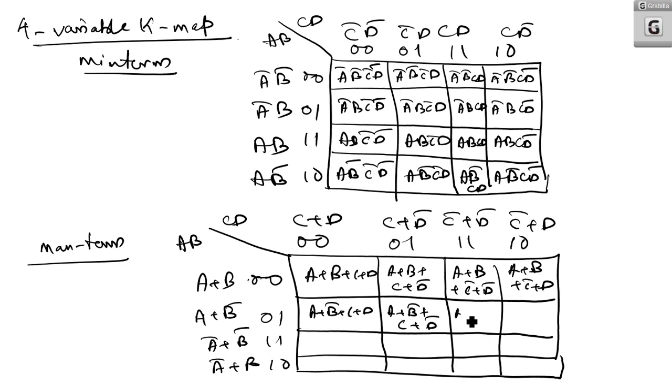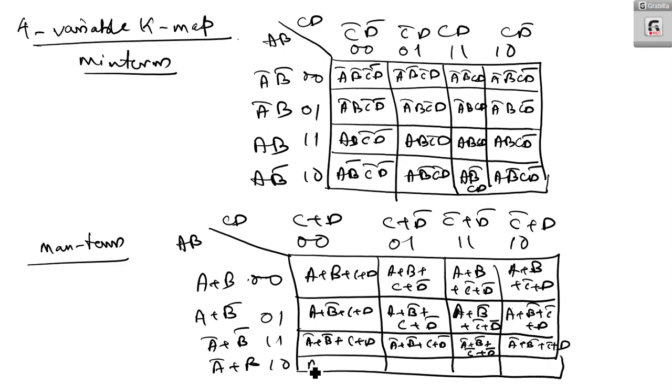This is A or B bar or C bar or D bar, A or B bar or C bar or D. Here what we get is A bar or B bar or C or D, A bar or B bar or C or D bar, A bar or B bar or C bar or D bar, A bar or B bar or C bar or D.